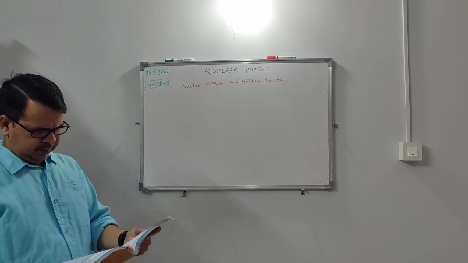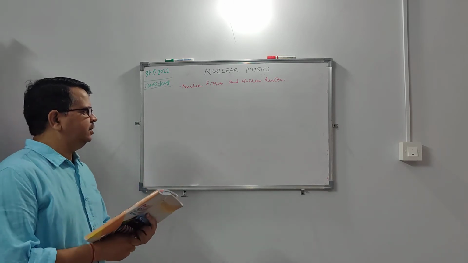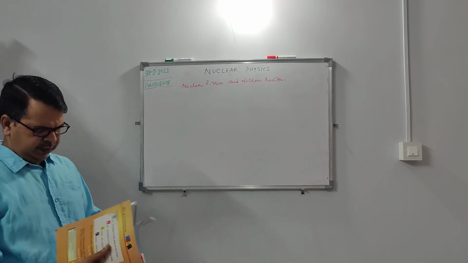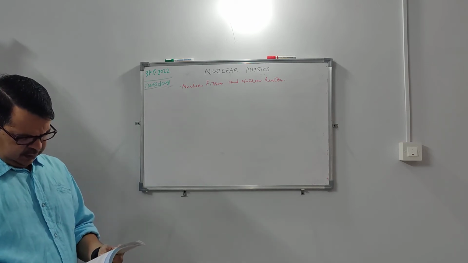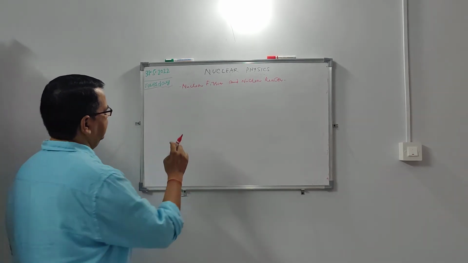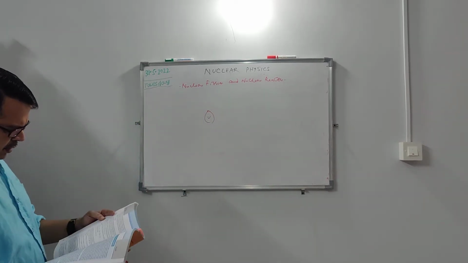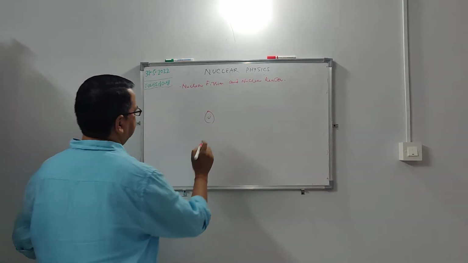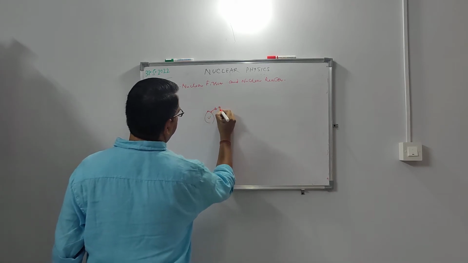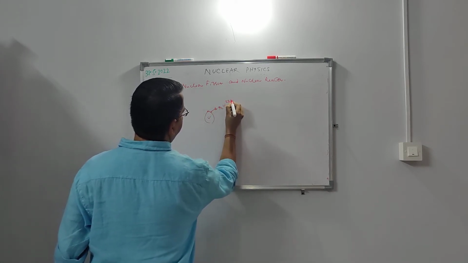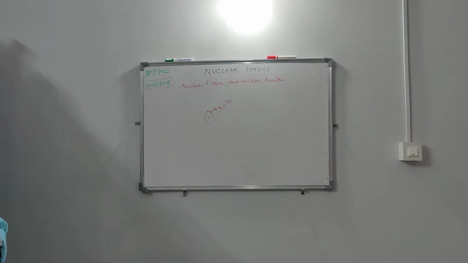Let us see what is fission. Nuclear fission, what happens? Say you have a uranium, which is 92 U235. This is my uranium.